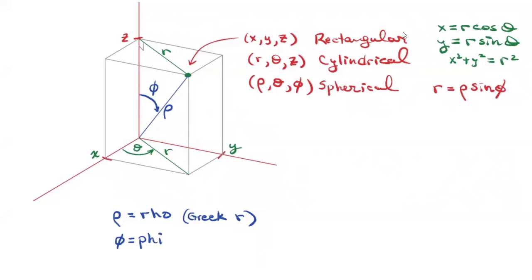While we're at it, z is the adjacent side, so z will be rho cos phi. Okay, and that's all pretty straightforward. Just those two facts, pretty much all you need.